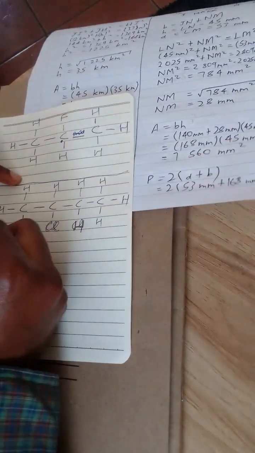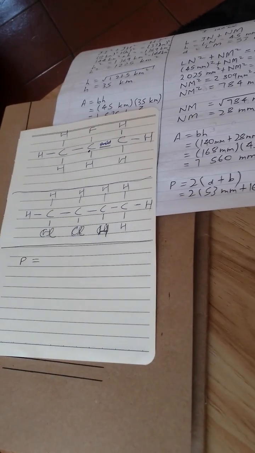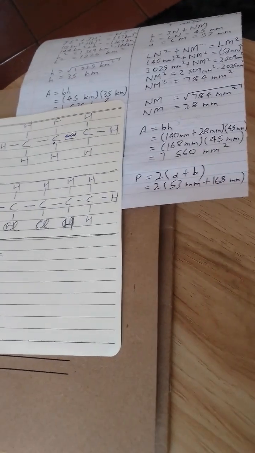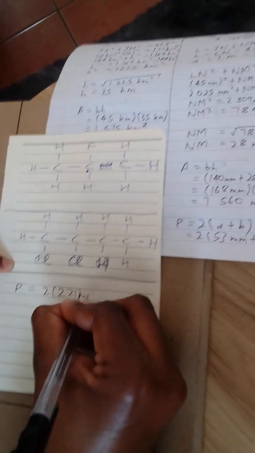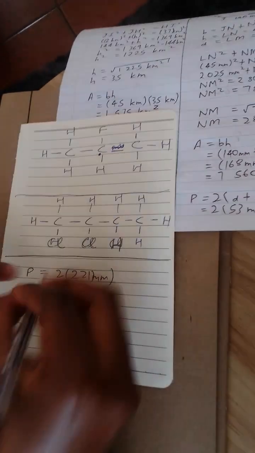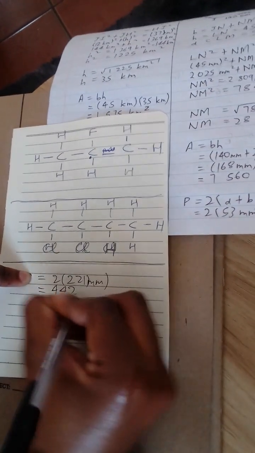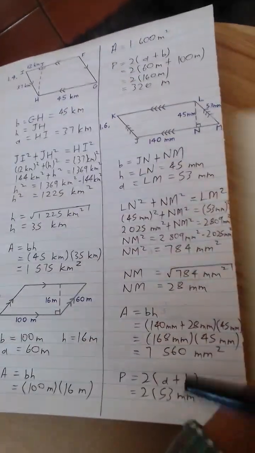Once again, forgive me, I ran out of space, so I'll have to separate it. 53 plus 168 is 221, so 2 times 221 millimeters. My mistake. So it's 442 millimeters. Right, I hope that wasn't too challenging. It's just my space issue as usual.